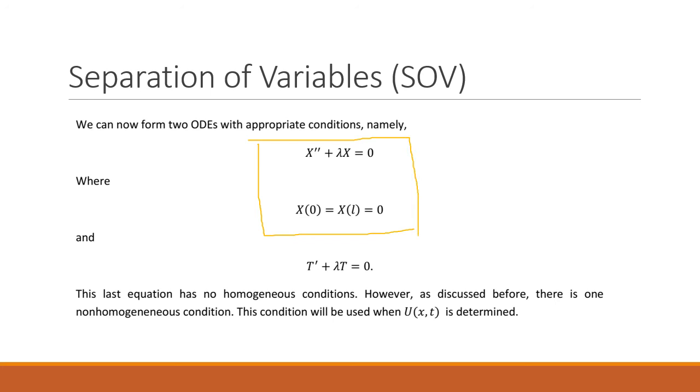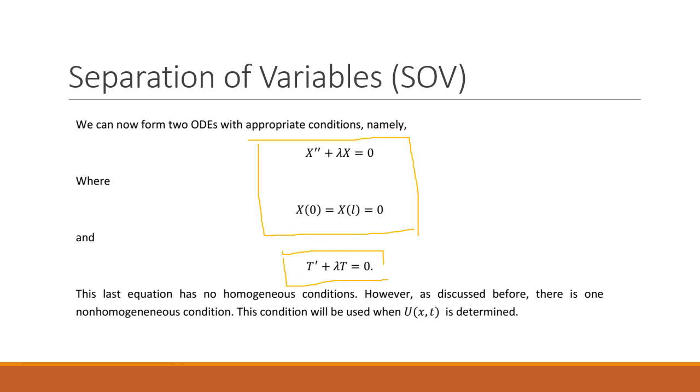Okay, so yang ni untuk variable x dan juga T prime plus lambda T equal to 0. Okay, so this last equation has no homogeneous condition. However, as discussed before, there is one non-homogeneous condition. This condition will be used when U(x,t) is determined.